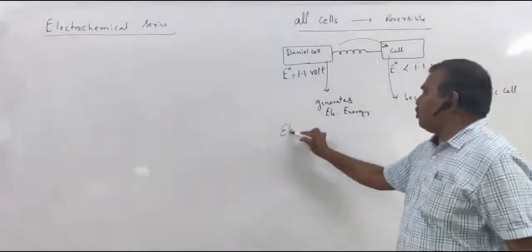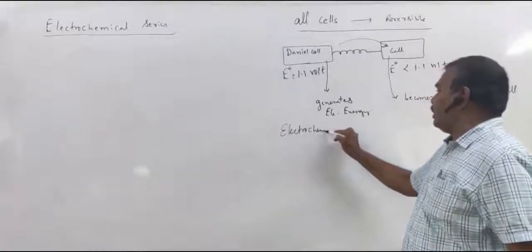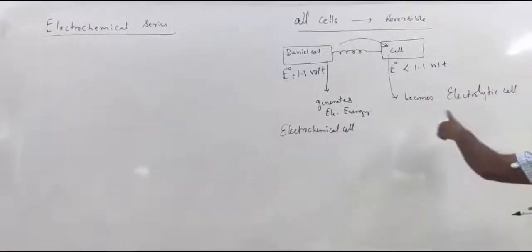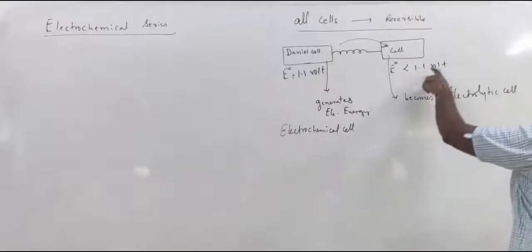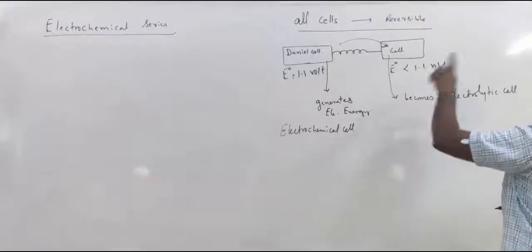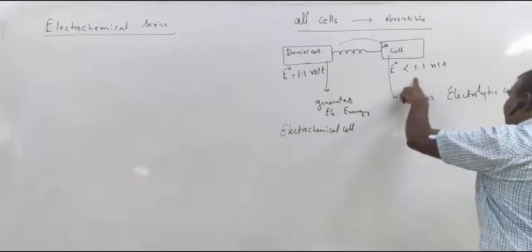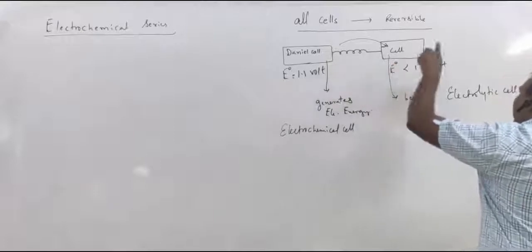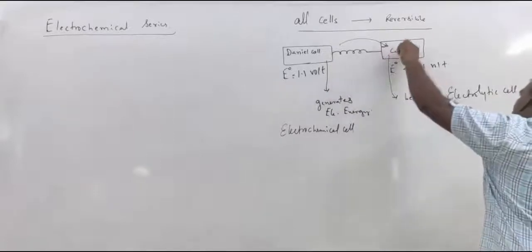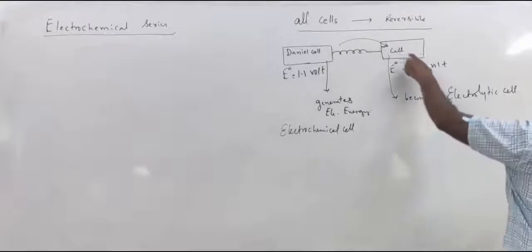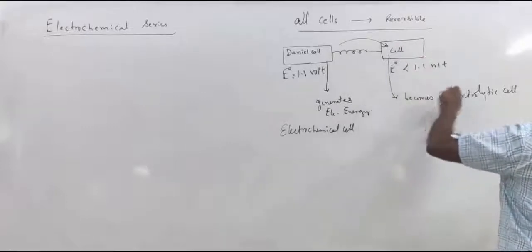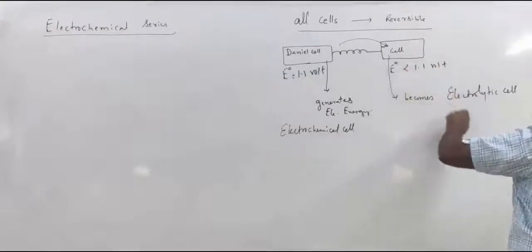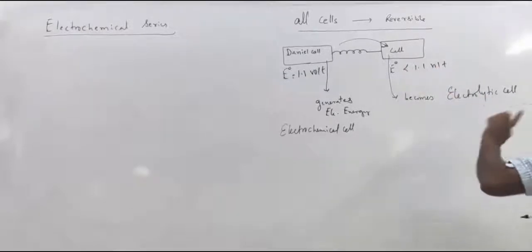So this is the electrochemical cell. The electrochemical cell produces electrical energy, and the other one is actually an electrochemical cell, a battery only, but its EMF is less than the Daniell cell, and it is connected to the Daniell cell. That is why current enters into this cell. Therefore, this cell is utilizing electrical energy, so it becomes an electrolytic cell.